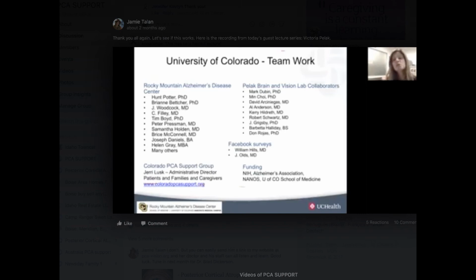So if you say that somebody has PCA, the likelihood that it's due to Alzheimer's disease is very high. It may be as high as 70 to 80%. It's not a guarantee, but it is, as I mentioned, a very high probability that that's the cause of it. Does that make sense? Because I know this is a difficult topic.